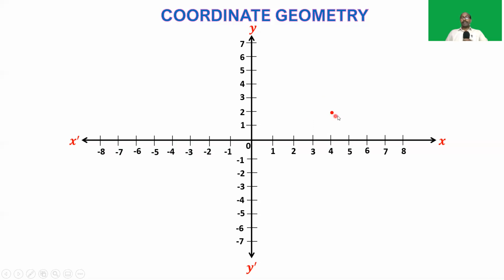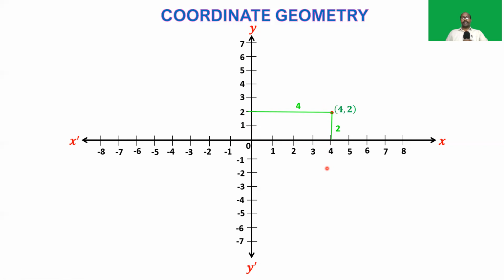Now the distance from this point to the y-axis is 4 units and from the x-axis is 2 units. So this distance is equal to this length. So the distances from the point to the coordinate axes are 4 and 2. So the position of this point, that is the address of this point, is (4, 2).